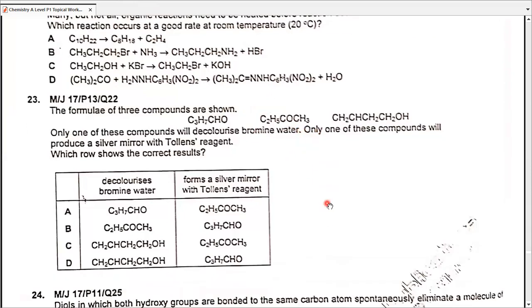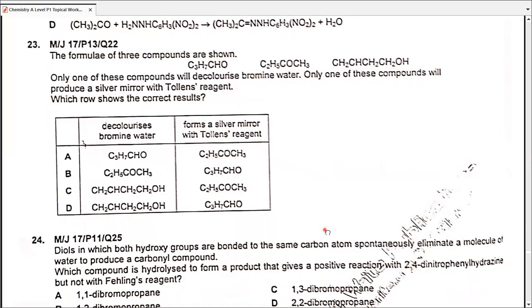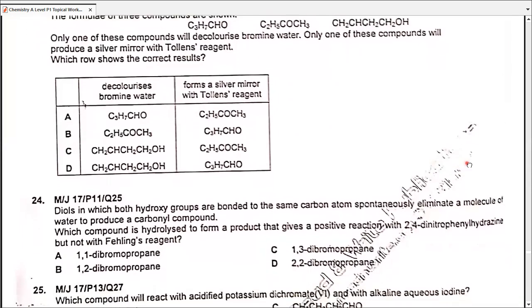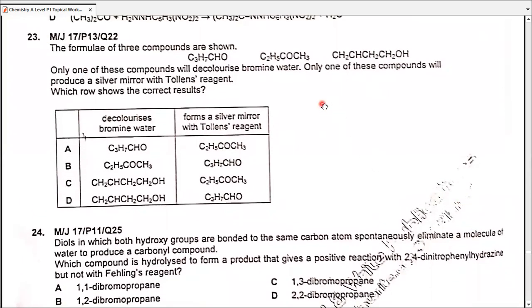So yeah, that's true. 23. Delta. Perfect. Move on.